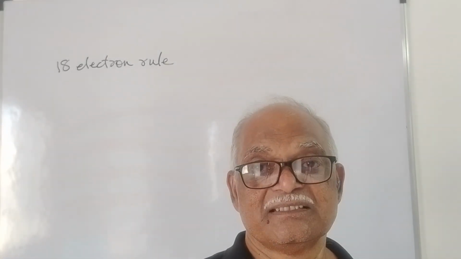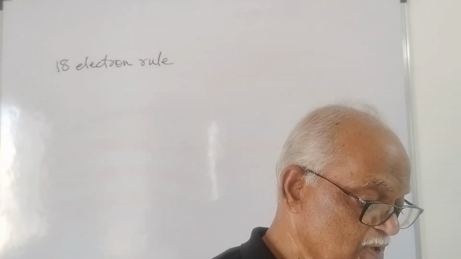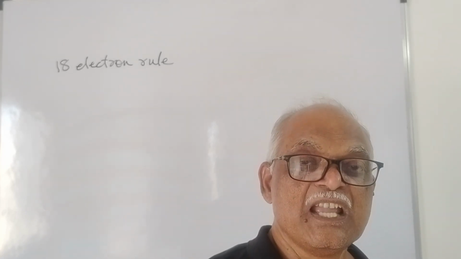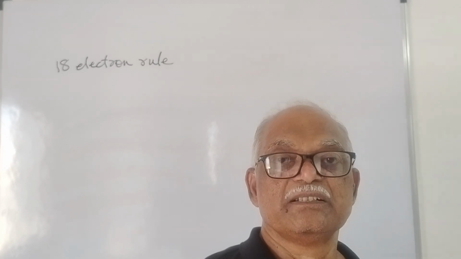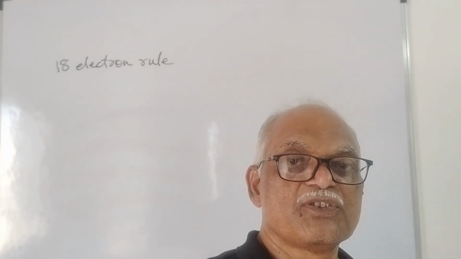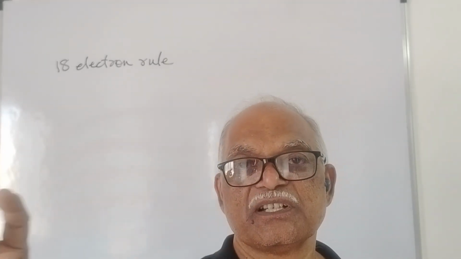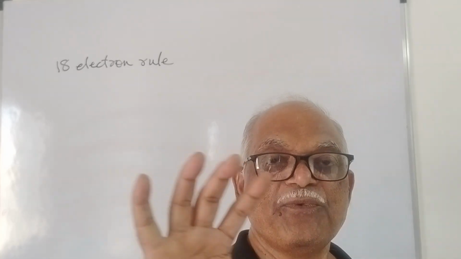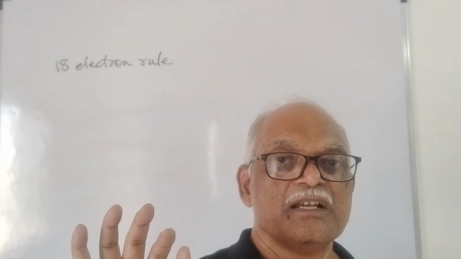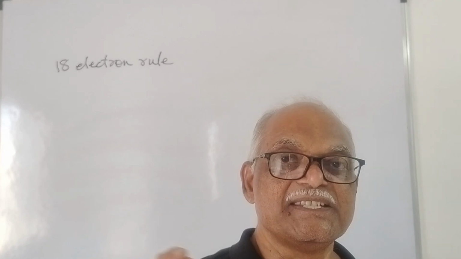equals 18. This means the valence shell of the metal, with the capacity of the d subshell being 10, plus 2 electrons from the s subshell and 6 electrons from the p subshell, totals 18. So the total capacity to occupy electrons is 18.